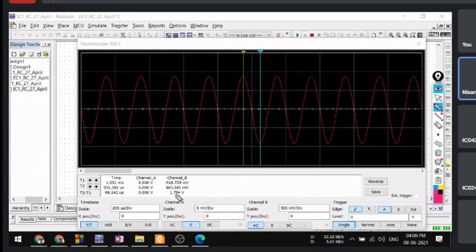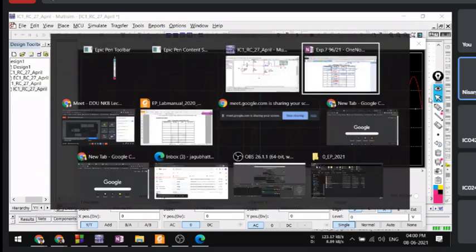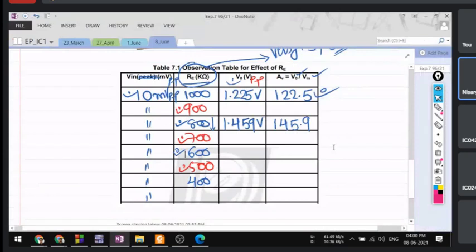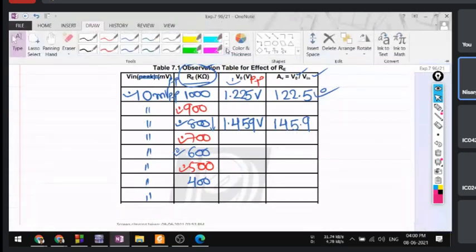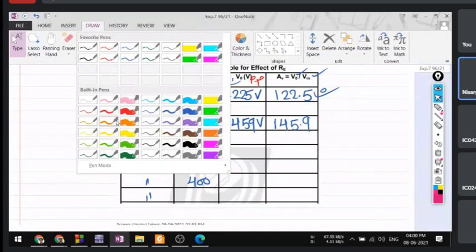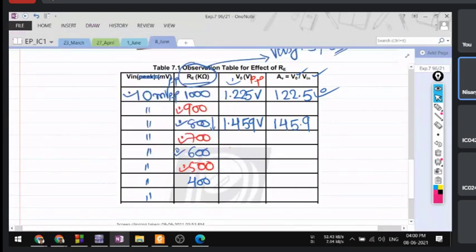Peak to peak is 1.784 volt, and actually distortion has started.